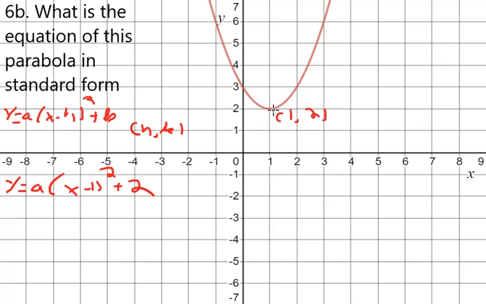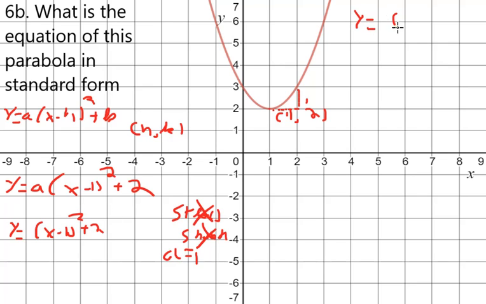Well, a is the vertical stretch or shrink, so when I move over 1 from the vertex, I've gone up 1, which is the change associated with a parabola that has no stretch or shrink. So a equals 1, and I have y equals (x minus 1) squared plus 2. Now all that's left is for us to distribute.